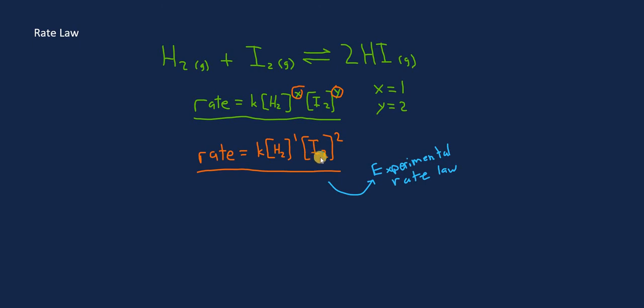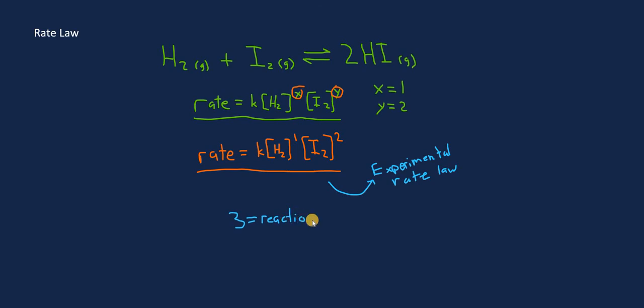That means experimentally, I2 is going to affect the reaction much more than H2 as far as kinetics is concerned. But if you wanted to calculate the reaction order, you simply add these two exponents together. So 1 plus 2 is 3, and that's going to be the reaction order for this particular reaction.